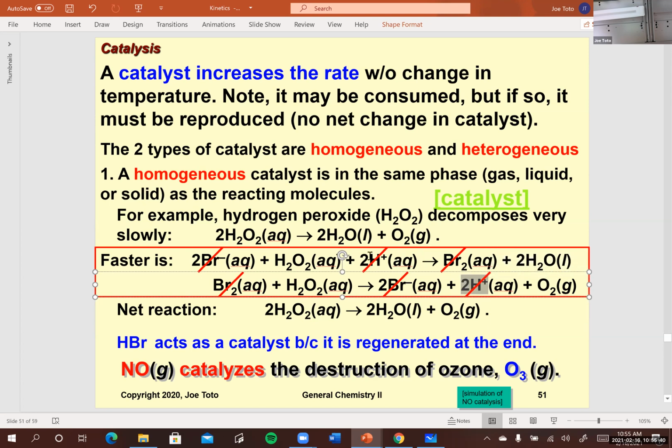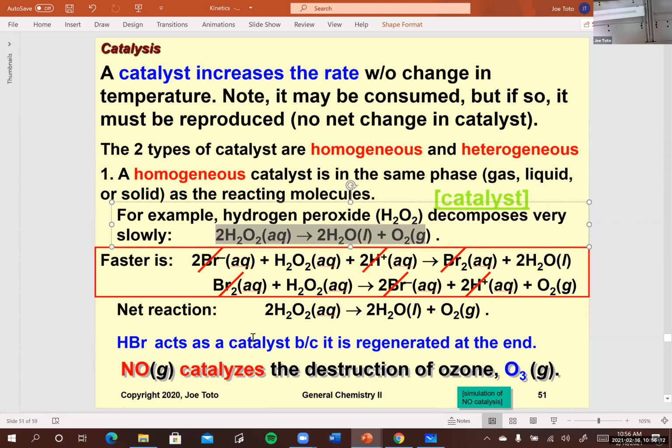Okay. So I have two catalysts, Br minus, H+. Br2 is an intermediate, and H2O is a product. Okay. Oxygen's a product. And it adds up. So this two-step mechanism with the catalyst adds up to give you the overall reaction that it describes.